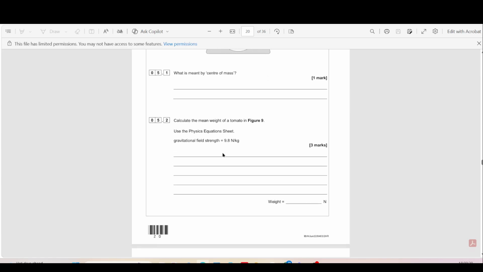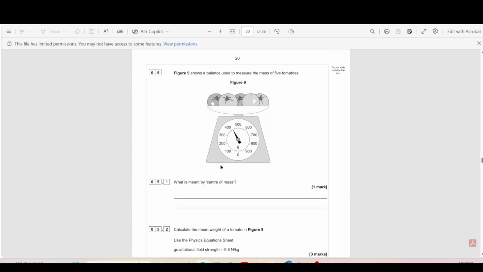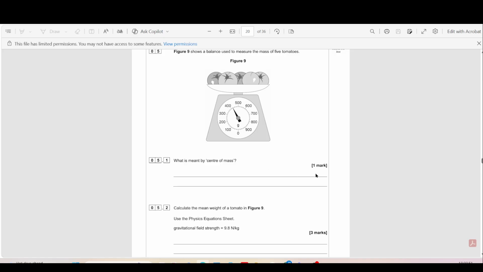Calculate the mean weight of a tomato in figure 9 using the physics equation sheet and the gravitational field strength. Gravitational potential energy equals mass times gravitational field strength times height.